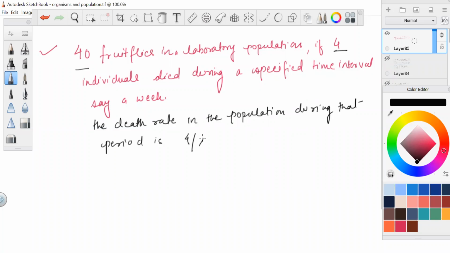So it will be 4 upon 40, which is equal to 0.1 individuals per fruit fly per week. So if a question comes, you can find the death rate, find the birth rate.